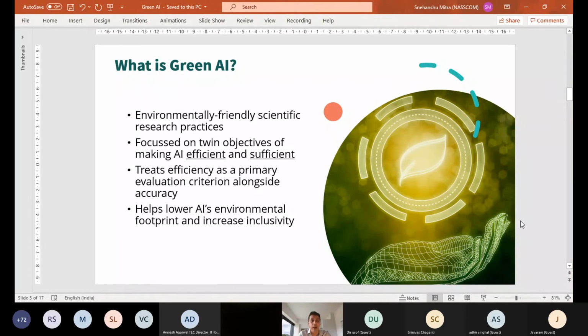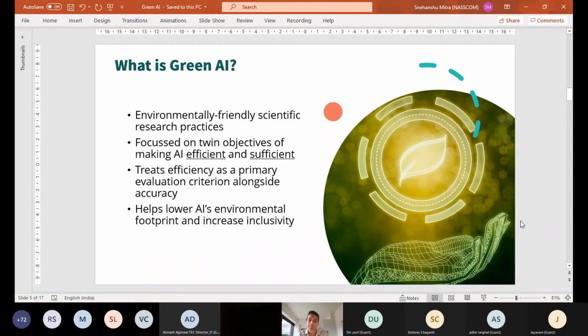And very importantly, the outcome of it is going to be reflected in lower carbon footprints and help increase the whole aspect of inclusivity, where researchers are able to also contribute equally to a field where technological giants have the resources or means to contribute. So between these 3 or 4 things, we start getting a picture of what green AI is and what it could possibly do.